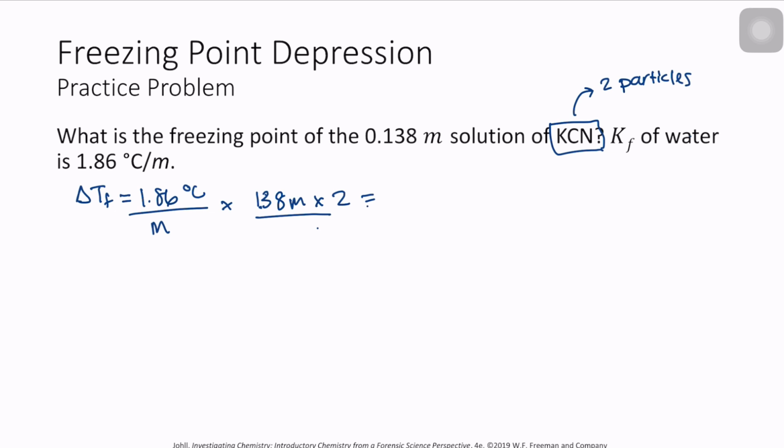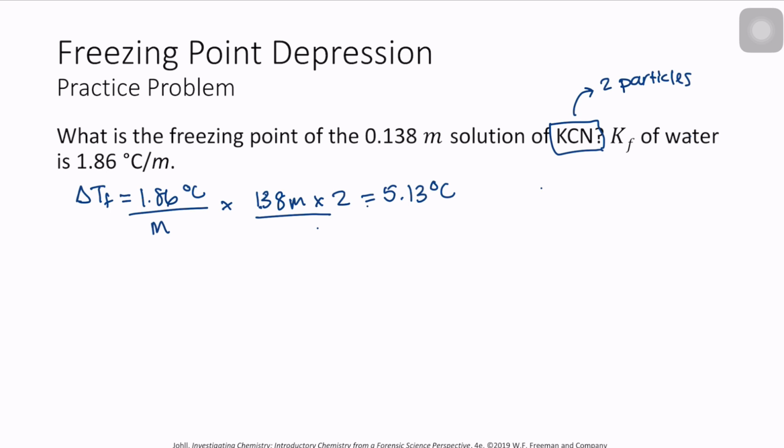So when we do that math, I'm going to take the 1.86 and multiply it by 1.38 times 2. And I get 5.13 degrees Celsius.